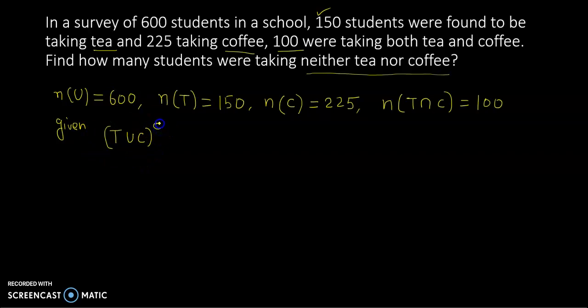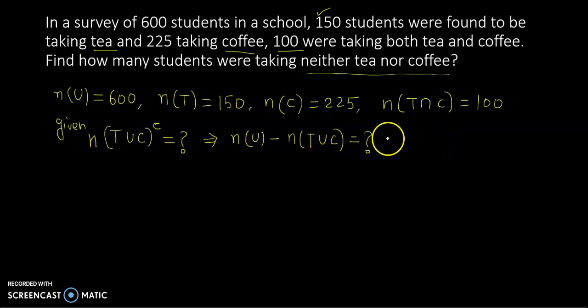That means neither, nor. So this is what I want to find: how many students are in this particular complement. In order to solve that, if out of the universal set I subtract the number of people taking either tea or coffee, then I'm going to get my answer.